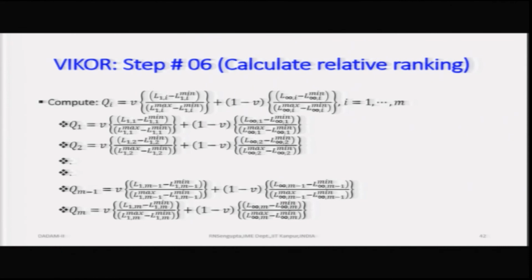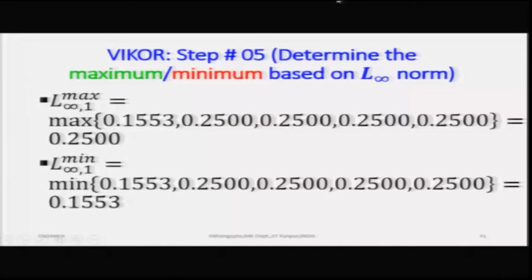So, finally, I will take this combination of the weights of the L1 norm and the L infinity norm, and put weights accordingly where you want. So, V is the weight, which is basically 30%, and 1 minus V will be 70%. Based on that you do the ranking and find out the overall score.